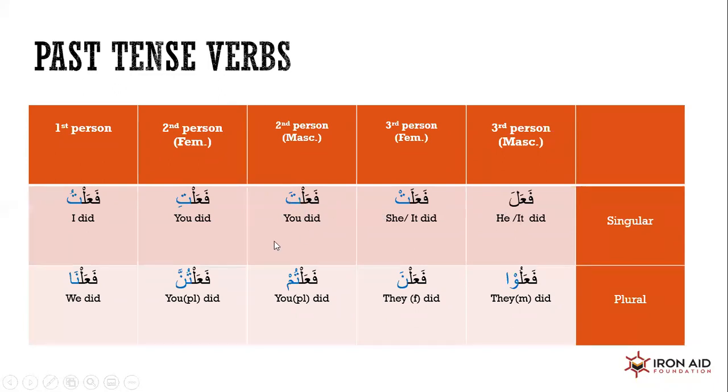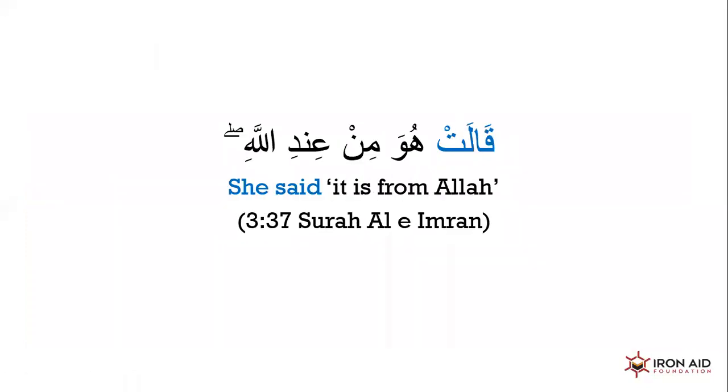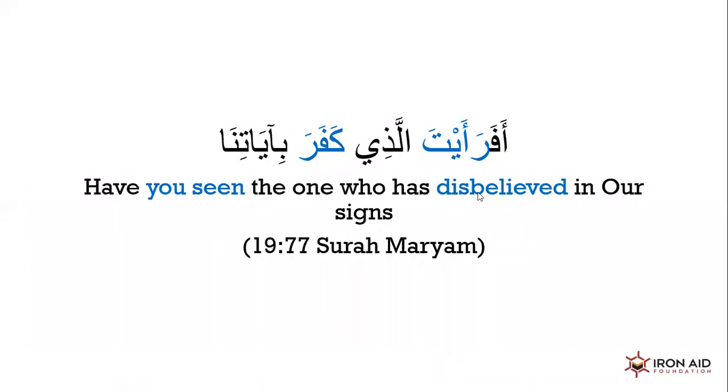So you can see a simple pattern forming here, which can enable you to identify who's the doer of these verbs. So ra'ayta would mean you, singular, you have seen those who have disbelieved. Kafara, so that's a simple verb. Kafara bi ayatina, who has disbelieved in our signs.